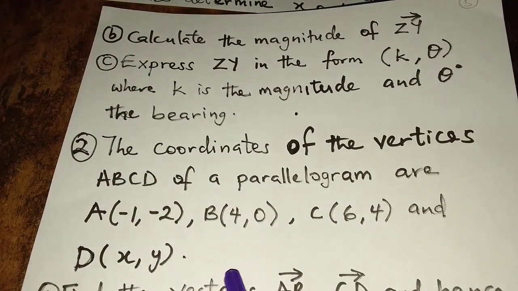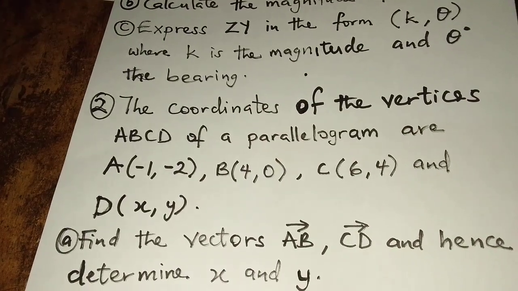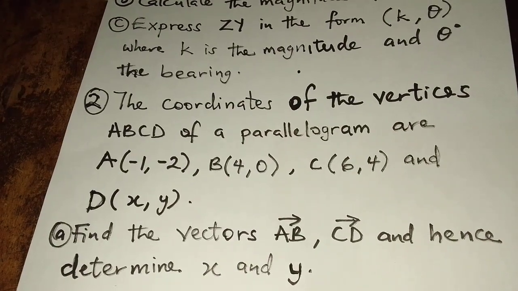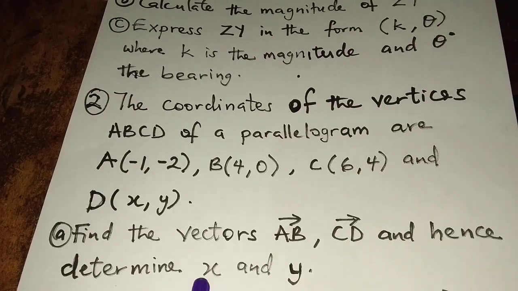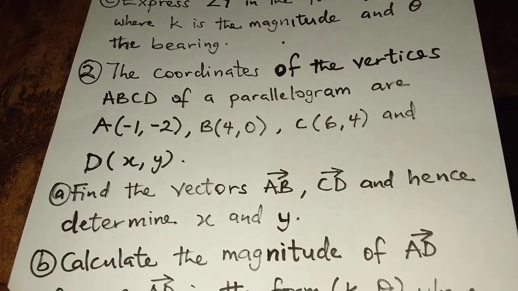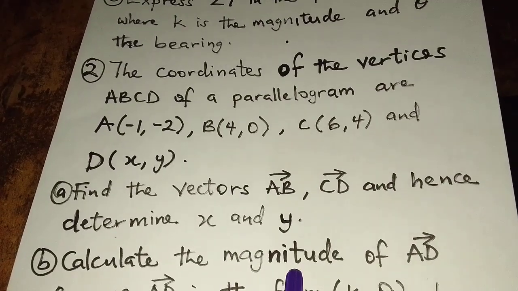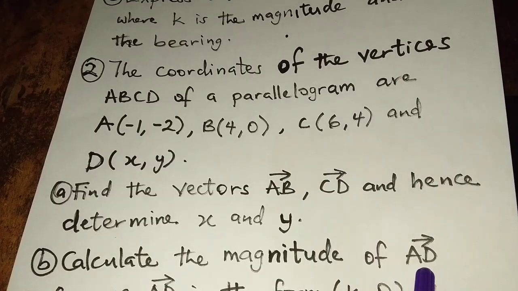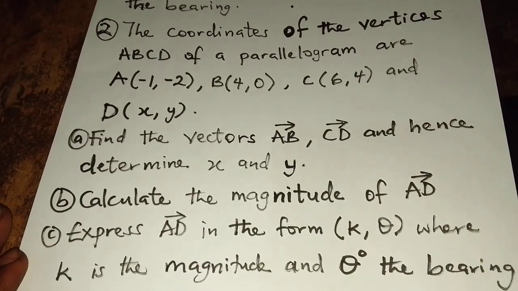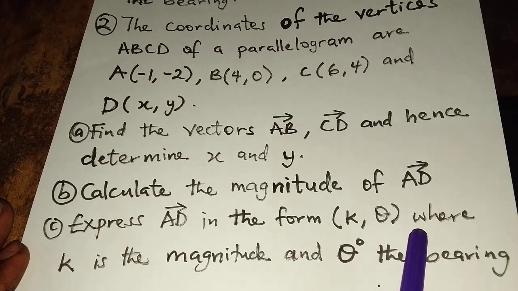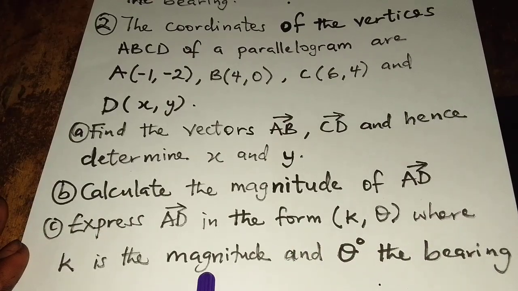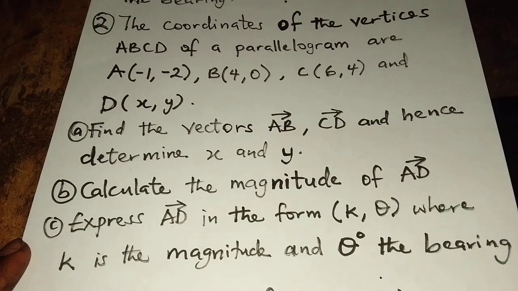X and Y. Then A, find the vectors AB, CD, and hence determine X and Y. Then B, calculate the magnitude of AD. C, express AD in the form k theta, where k is the magnitude and theta the bearing.